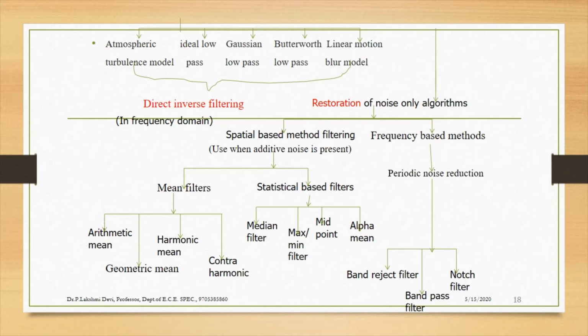So random noises like gamma noise, Rayleigh noise, exponential noise, logarithmic noise, uniform noise, impulse noise. These are the different types of random noises we have. For these noises, each one has its own filter mechanism for minimizing that type of noise present in original images.